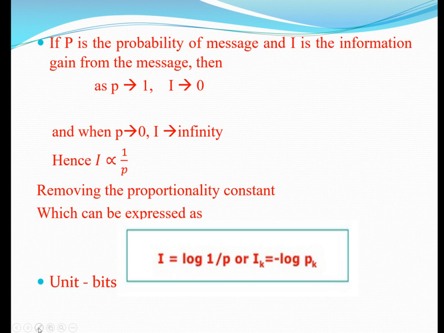So there is an inverse proportionality, and that inverse proportionality can be removed with the help of a proportionality constant, giving information is equal to logarithm of 1 by p, that is, log 1/p. Thus we get an equation for information, and this information has the unit bits. Bits stands for binary digits.